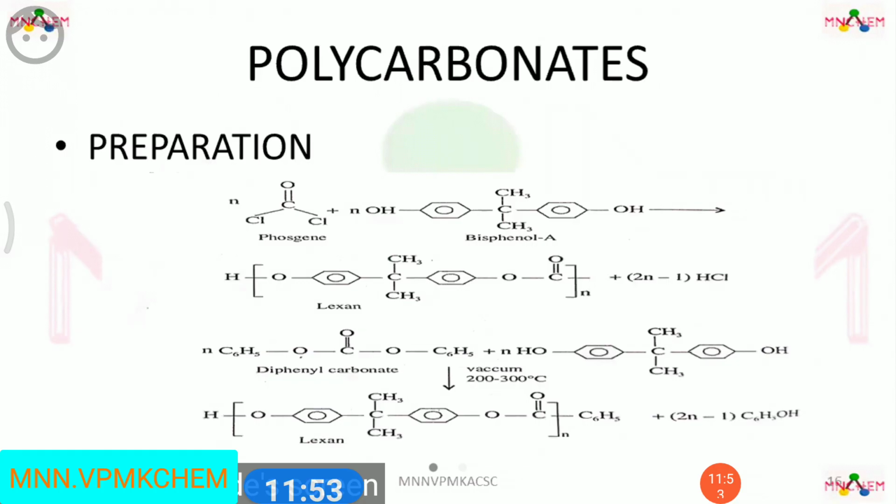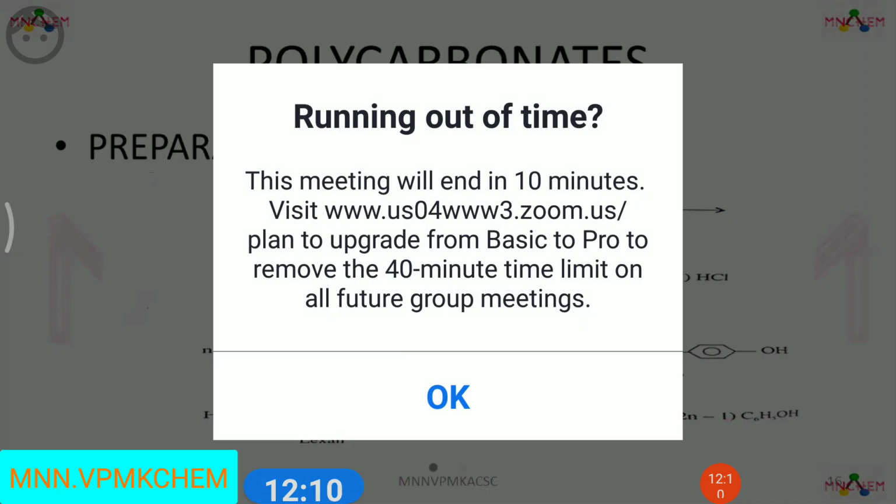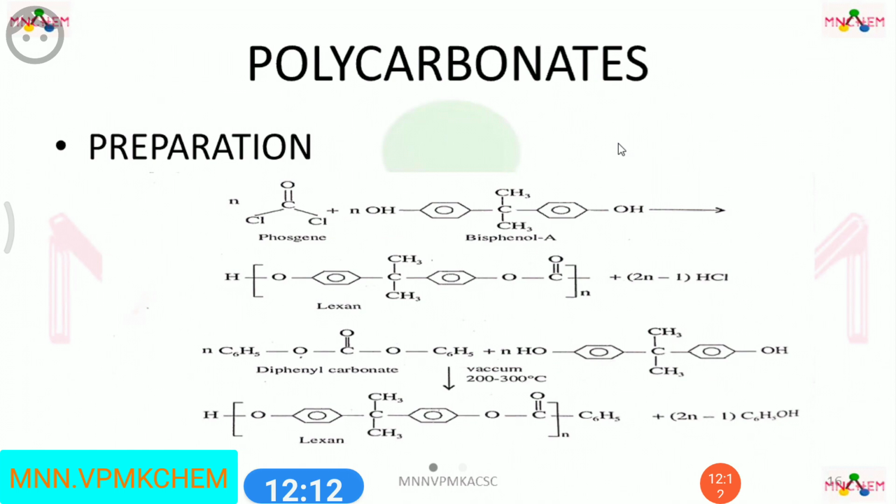The preparation sequence can be seen. Okay. When we use phosgene and it undergoes condensation with bisphenol A, dihydric phenol, it gives a polycarbonate known as Lexan, with the loss of small molecule like HCl, as this is a condensation reaction.